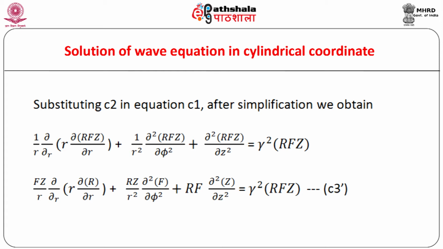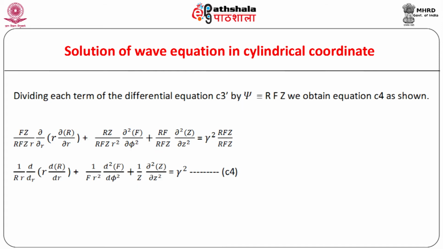Divide each term of the differential equation C3 dash by psi equal to R F Z to obtain the equation C4 as shown. Here, after division of each term by R F Z, we are left with equation C4.